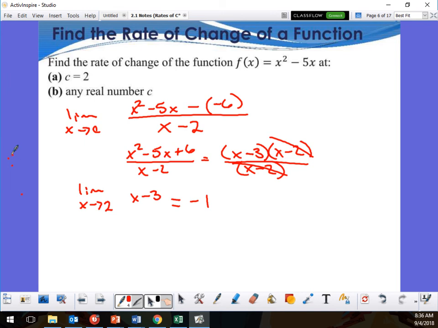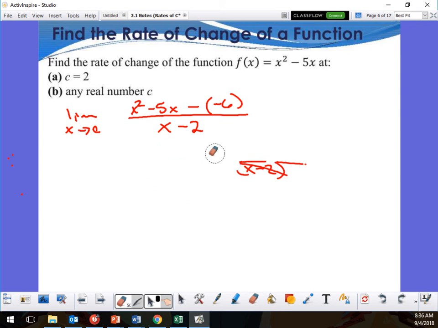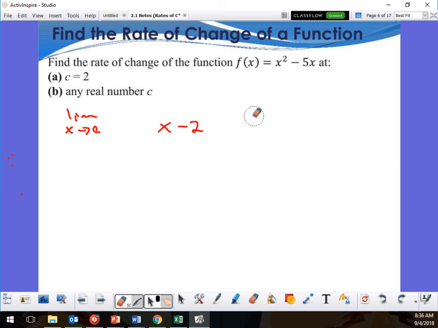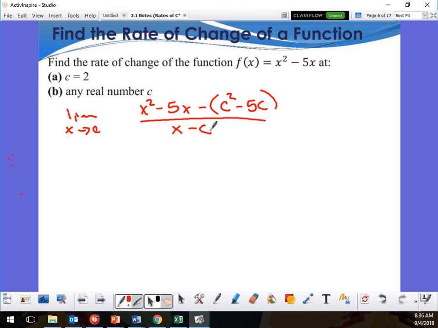Now for this next part right here, we're going to do the exact same thing, but this time we're going to do any real number c. So let's see. If it's any real number c, it's going to be x squared minus 5x minus c squared minus 5c over x minus c, right?